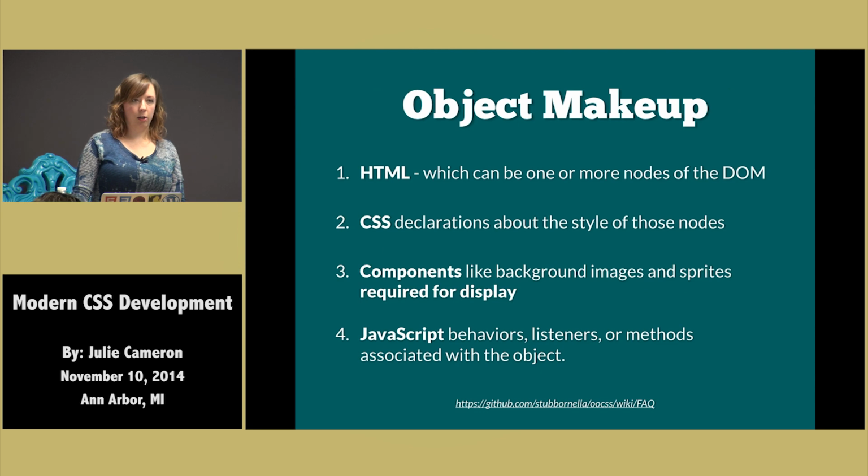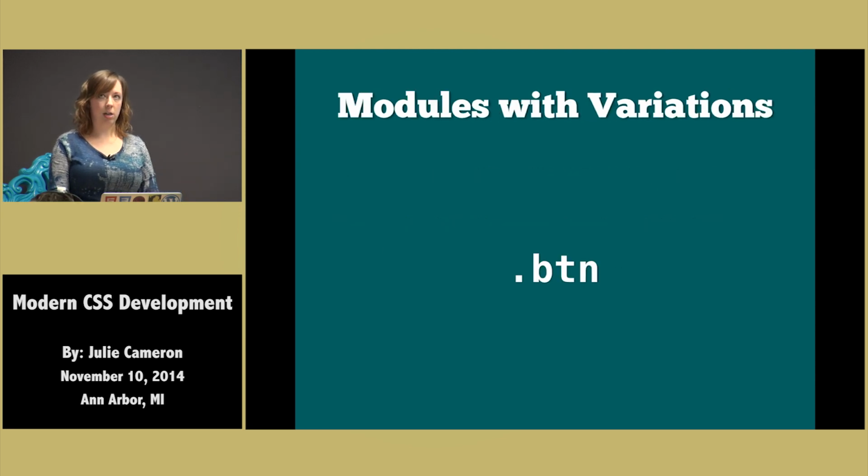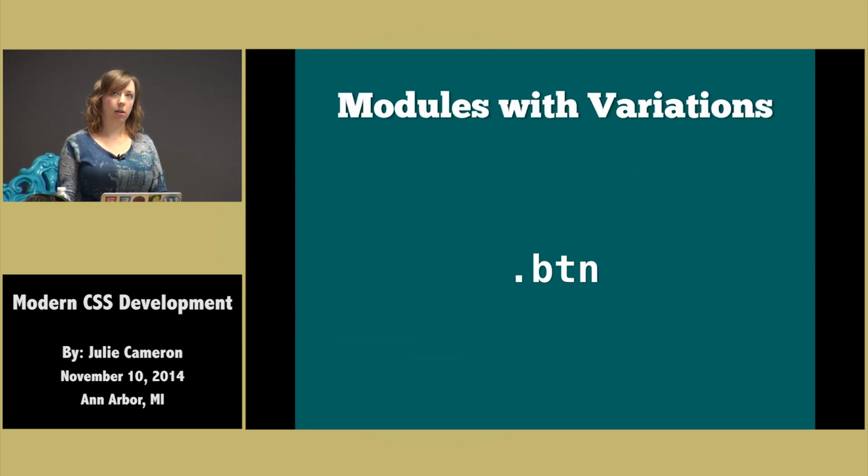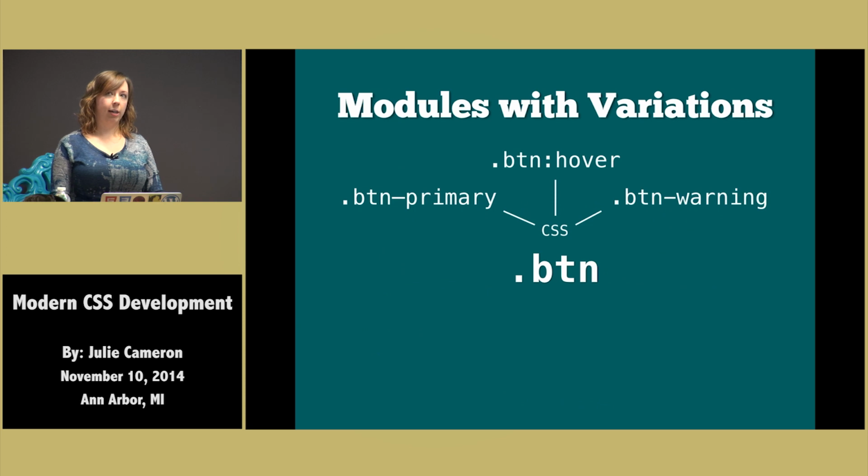So if we put all this together, we're essentially talking about modules with variations. On one side, we've got pure CSS variations. We've got kind of different looking buttons. Maybe we have a primary button and a warning button or a call to action button that are all generally buttons, but they look different.